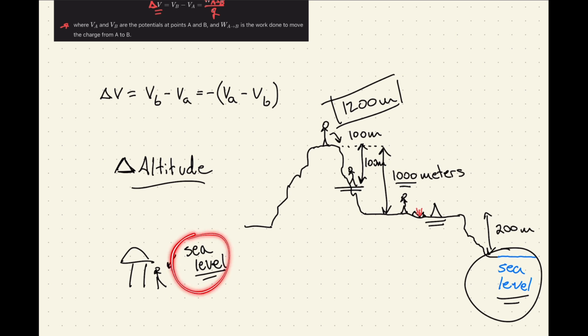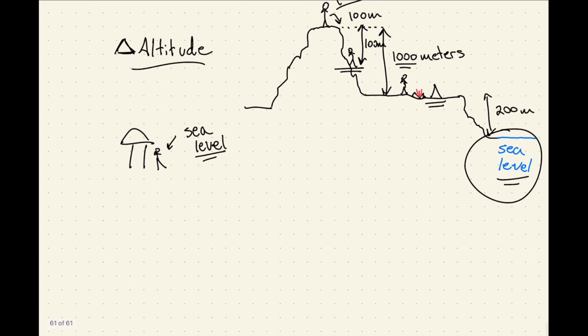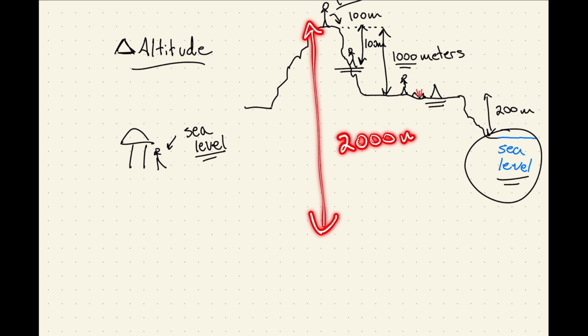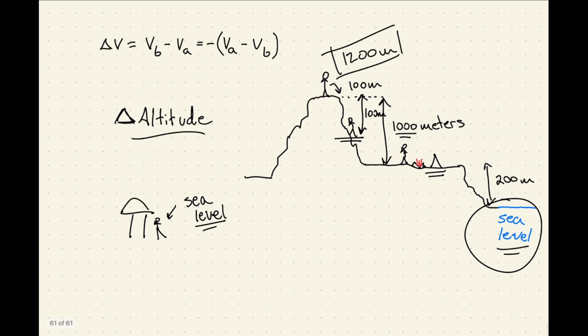You can call some other dude and say, my altitude from sea level is 1,200 meters. Again, not confusing at all. If you had a friend over here in a submarine, and for some reason you had to tell him your altitude, you can tell him the altitude difference from here to here. Maybe it is 2,000 meters, the altitude difference. And again, there would be no confusion. But in the real world, normally we don't really talk to people under submarines when we're talking about altitude.